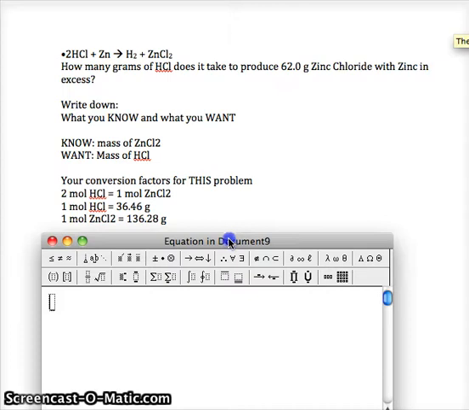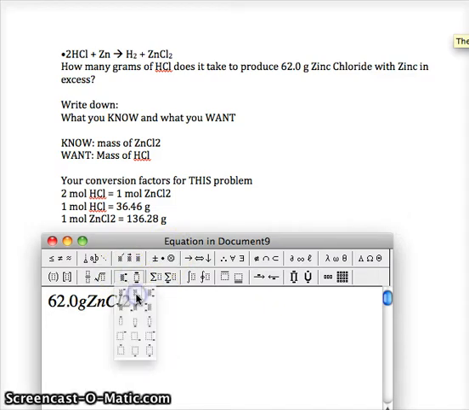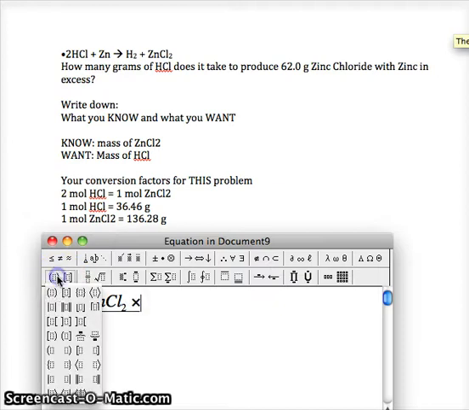So we start with what we're given, and we're given 62.0 grams zinc chloride. And then we multiply that.